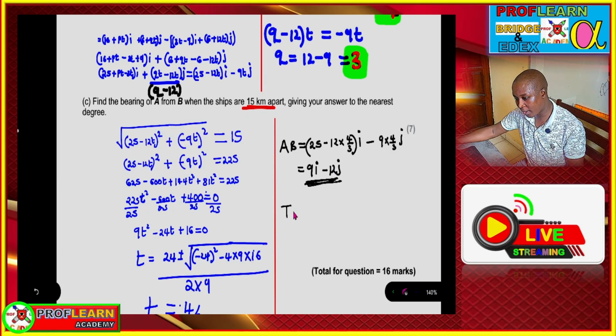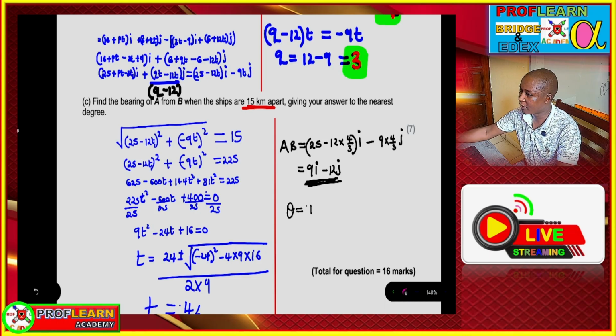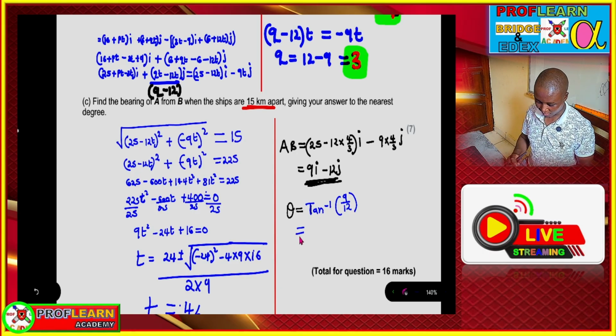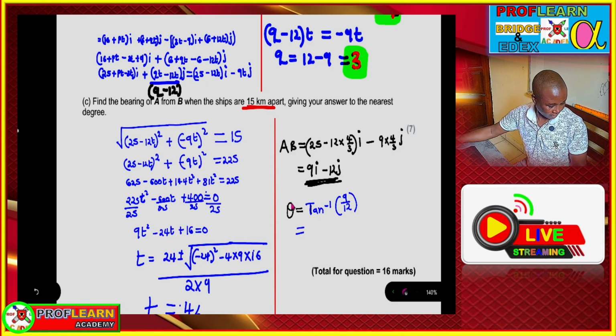So in order to find the angle, we are going to say theta is equal to tan inverse of 9/12. If we work that out, we are going to get 37 degrees.